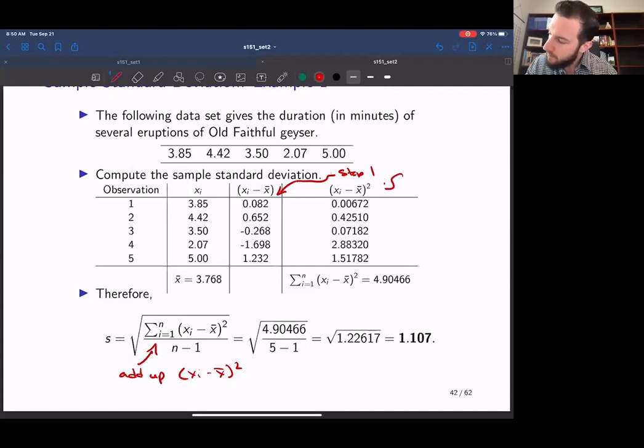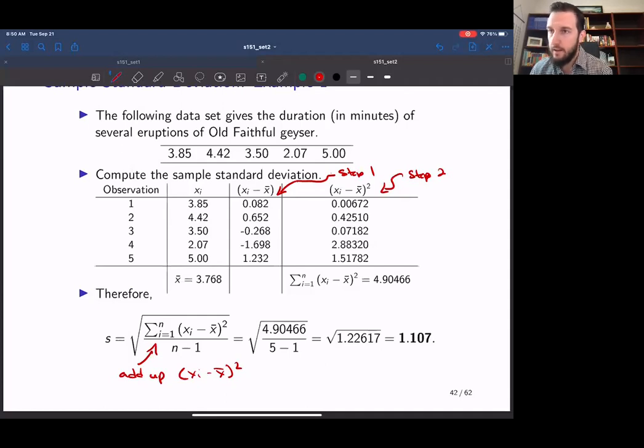Then we square each of those values. So 0.082 squared is 0.00672. 0.652 squared is 0.45210.